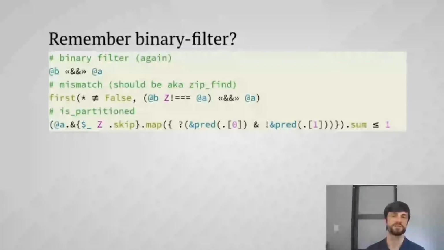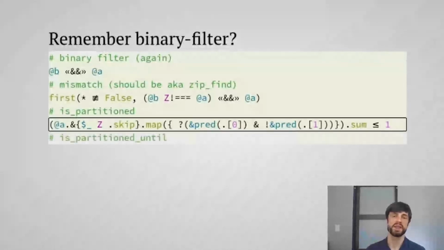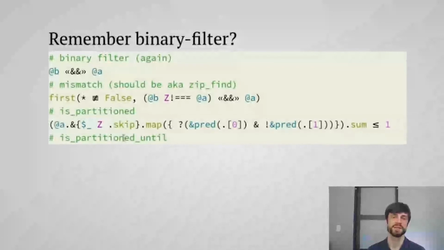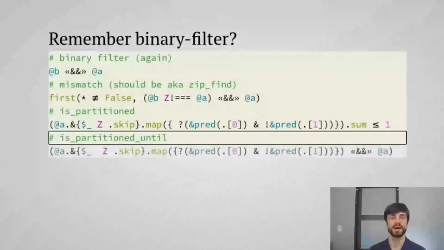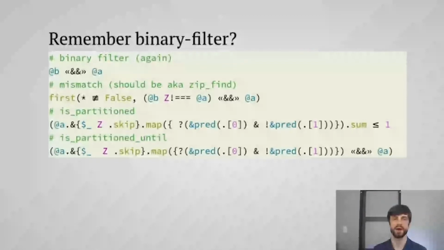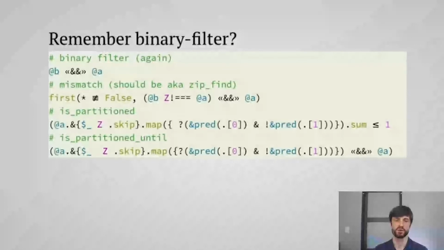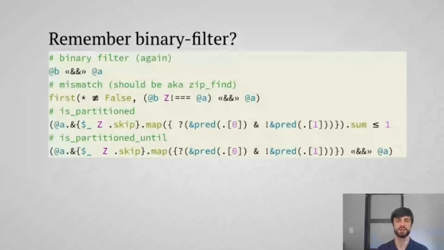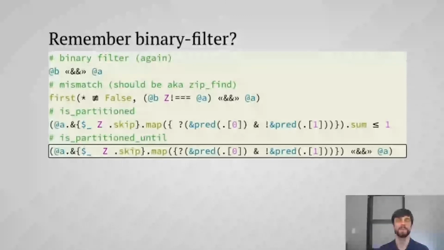C++ also offers isPartitionedUntil, and that implementation in Raku is pretty much a carbon copy of isPartitioned, except instead of checking whether we have just a single partition point, we actually use our friend the binary filter, and then find the first place where that is, and that gives us how long the partition goes, and we get that first item.